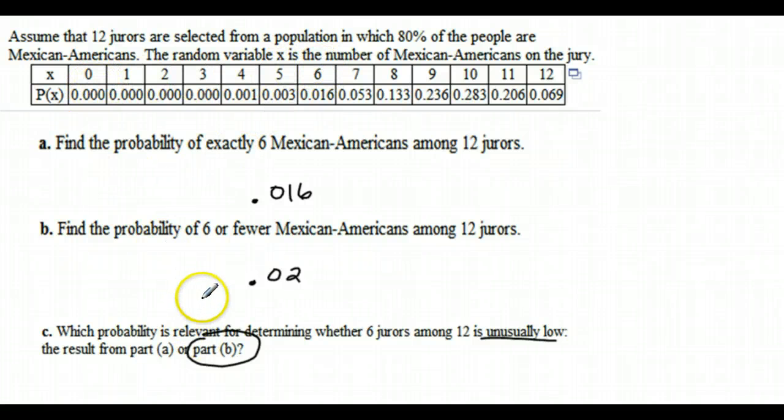And then for unusually high, you would do that number up to the highest number. Okay, you add all those probabilities. So when you see, in a discrete probability distribution, that something is unusually low or unusually high, you need to do not just that number, but that number all the way down or that number all the way up, depending on the scenario.